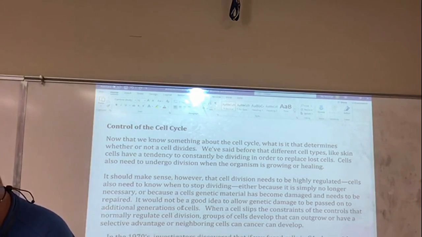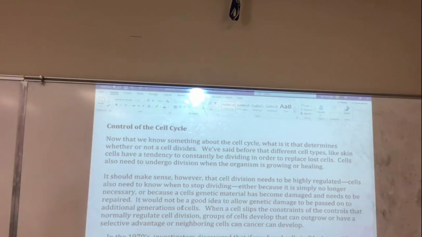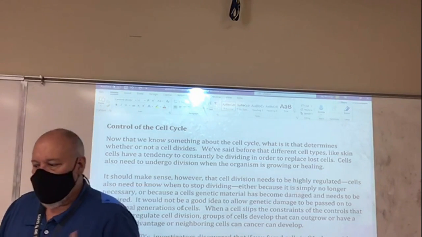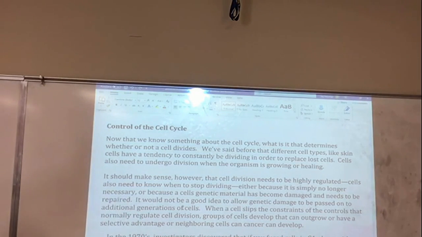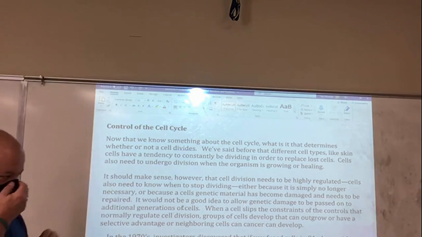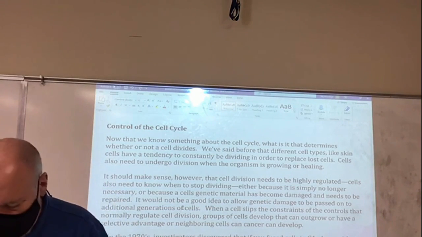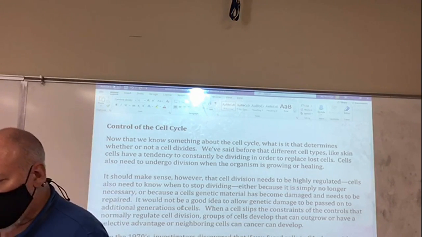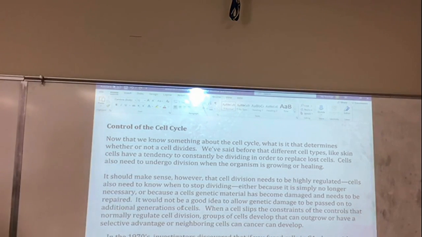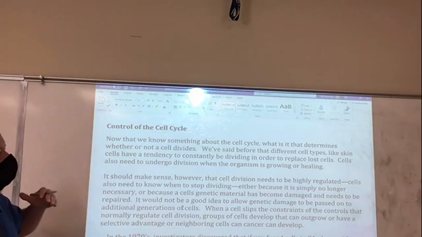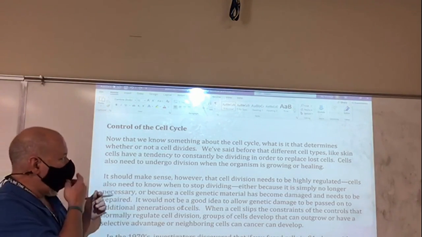And if you're interested in medicine at all, if you're interested in cancer, this stuff should really make you fairly excited to learn more about cancer medicine. Okay? So we have to control this process. We can't let this process run amok.